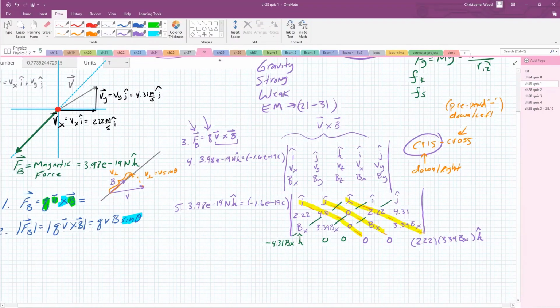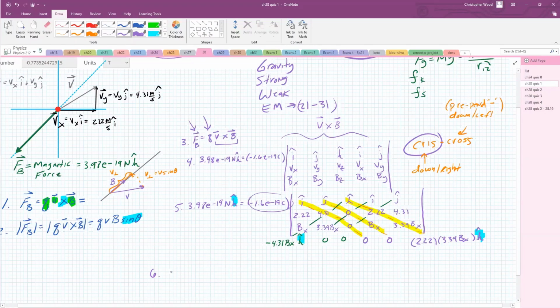Okay, so now let's just finish this. Number 6 says, all right, well, everything's a k hat. Here's a k hat, here's a k hat, and here's a k hat. So here's what I'm left with when all of this smoke settles, because I've taken V cross B and multiplied it by this charge.